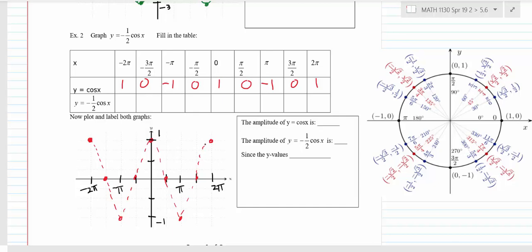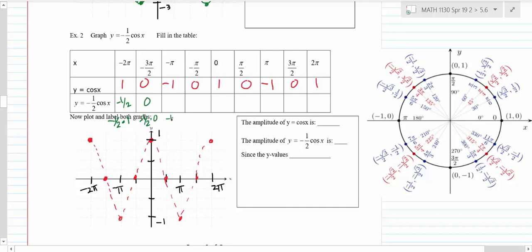What is the negative going to do? You learned that before. If you have x squared and negative x squared, what does the negative do? It reflects you over the x-axis, exactly. So we're going to do most of this in our head. To get what goes here, we go -1/2 times 1, that's -1/2. -1/2 times 0 is still 0, so that's unaffected.